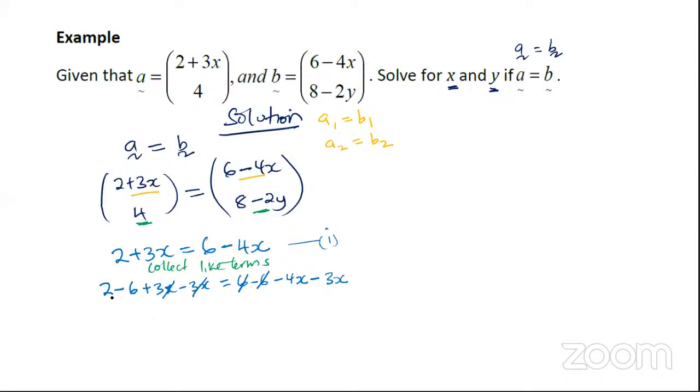So 2 minus 6 will be negative 4, which is equal to minus 4 minus 3, we get minus 7x. So you divide through by negative 7. Our aim is to find x. So therefore our x will be equal to 4 out of 7.